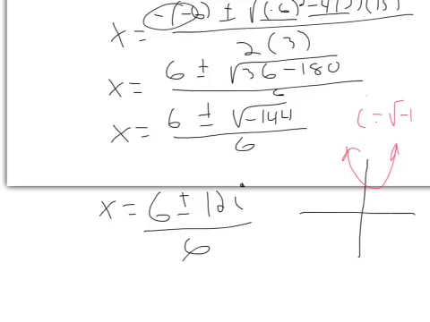There are no roots to that problem. That happens sometimes. And so just remember, quadratic formula, negative b plus or minus the square root of b squared minus 4ac divided by 2a. You have to memorize that.